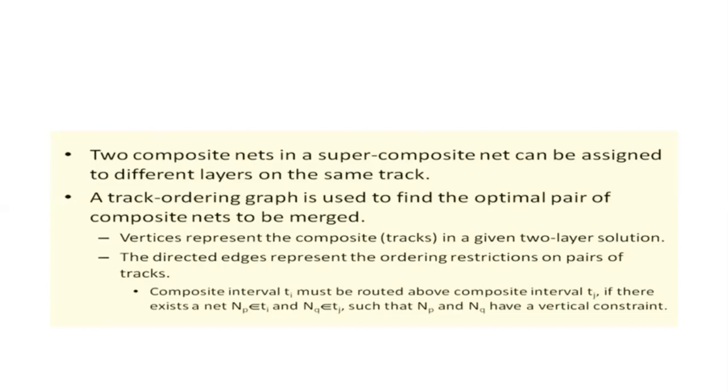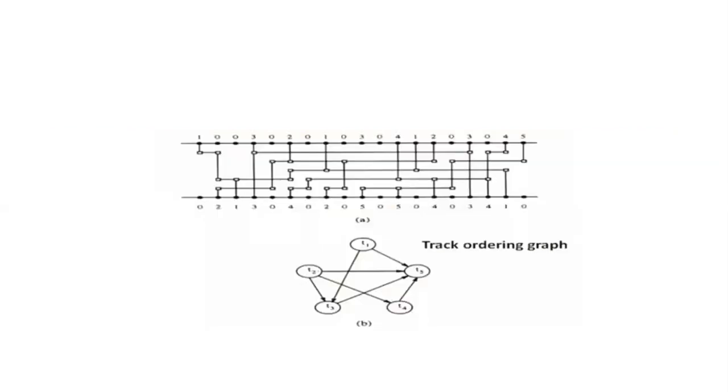The vertices of this track ordering graph will represent the composite nets. Let me show the track ordering graph. I hope you remember this one. The top diagram is what we got as a solution at the end of the Yoshimura-Ku algorithm. After implementing it, you will get some solution like this.